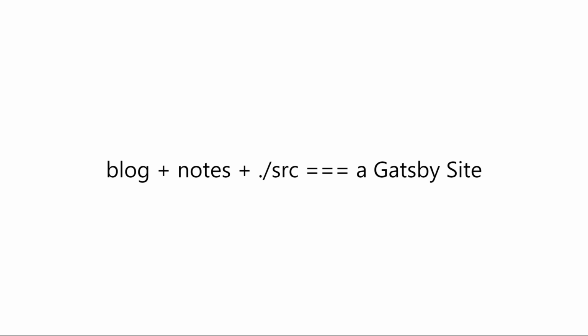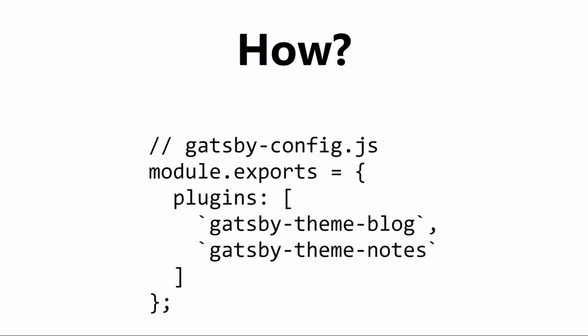The blog Gatsby config, the notes Gatsby config, and our Gatsby site itself are all composed into a single Gatsby site. So the question becomes how? How do we construct this one Gatsby config that we then use to build out our end site, right?